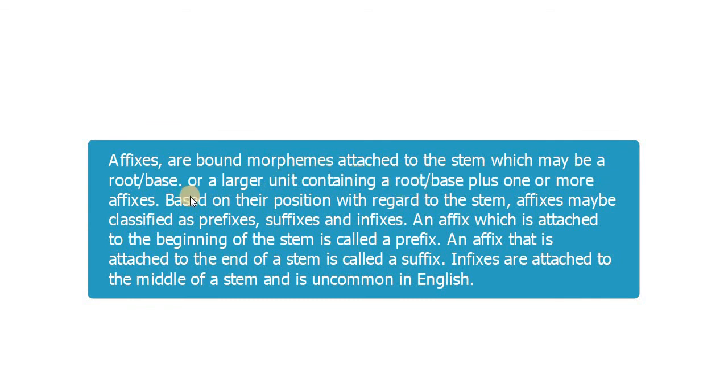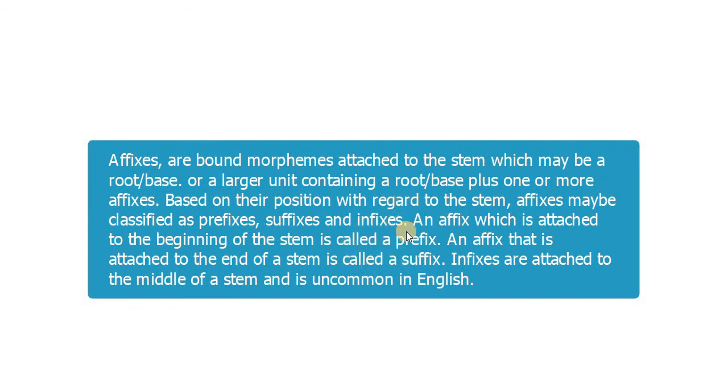Like we saw in anti-establishmentarianism, where the root word was established and all the other affixes were attached to the root word. So based on their position with regard to the stem, affixes may be classified as prefixes, suffixes and infixes. An affix which is attached to the beginning of the stem is called a prefix, like the word itself indicates.